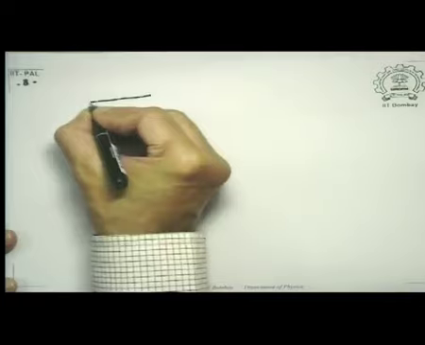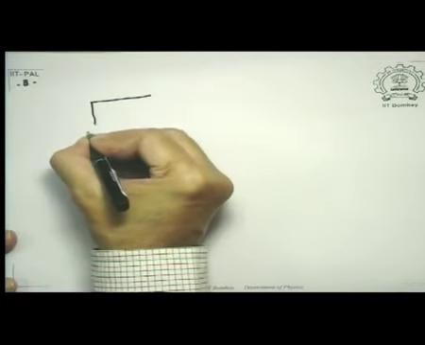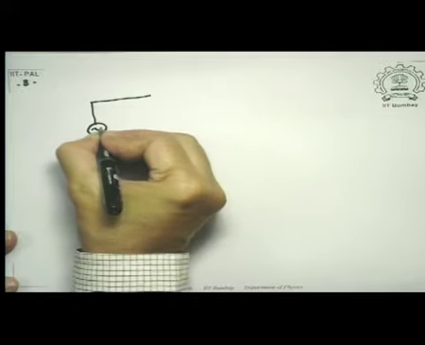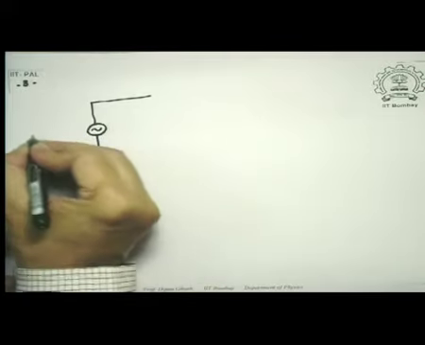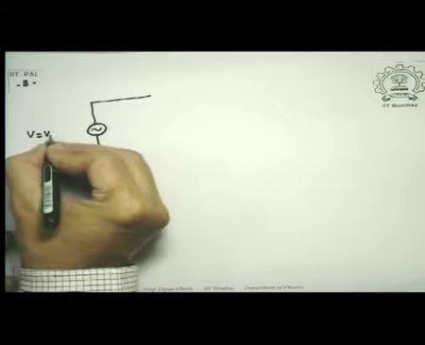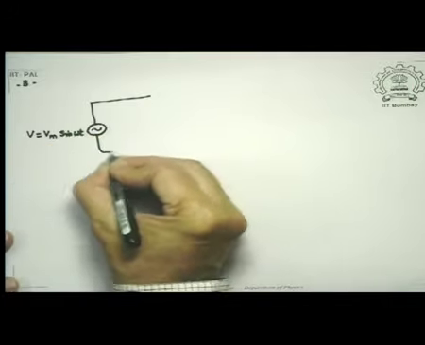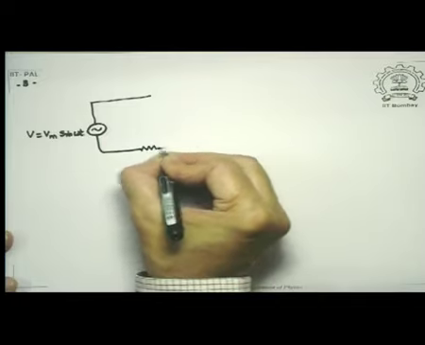Now let me write down the simplest possible AC circuit. The symbol for an AC source, remember in a DC circuit I had a battery type of symbol, but here it is given like this, and this is V equal to Vm sin omega t, and all that I have is a resistance in the circuit.